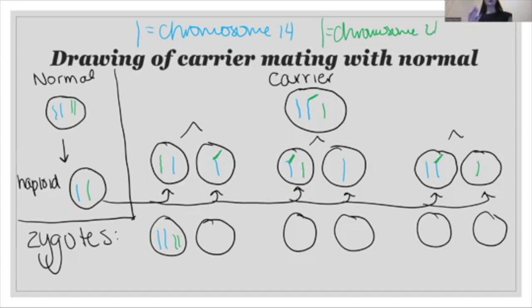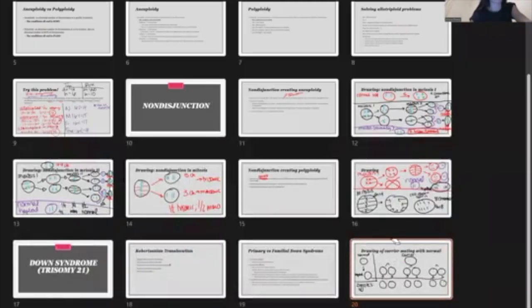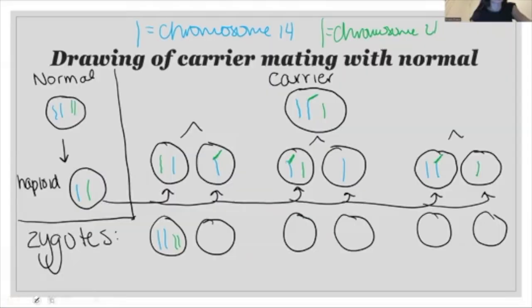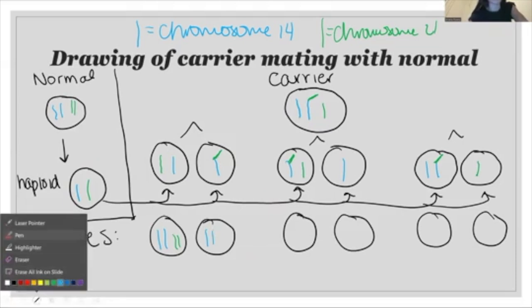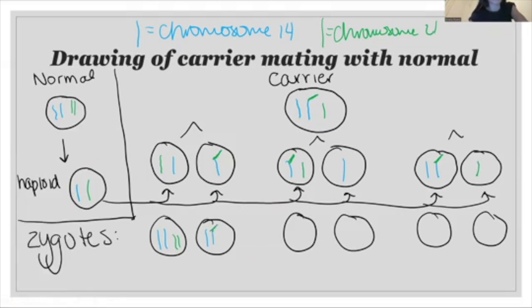In my second one over, I'd have a blue, a green, and then that Robertsonian translocation. So I'd have blue, oops, that is the wrong color. Blue, and then I'd have my Robertsonian translocation, and my green.